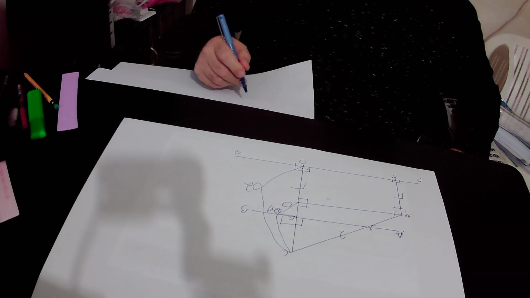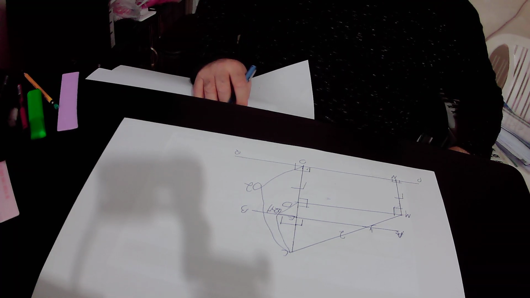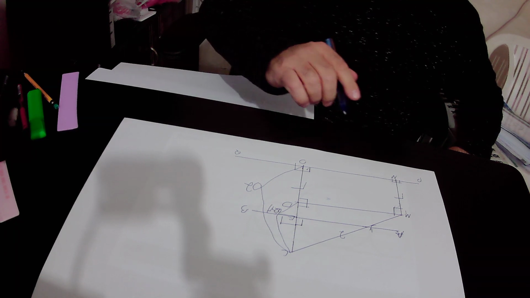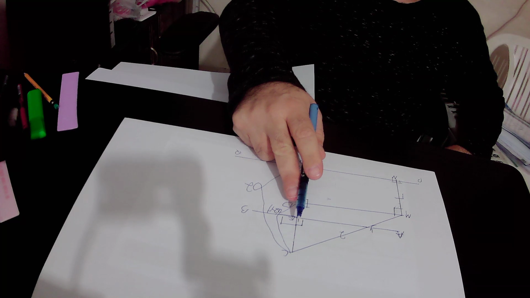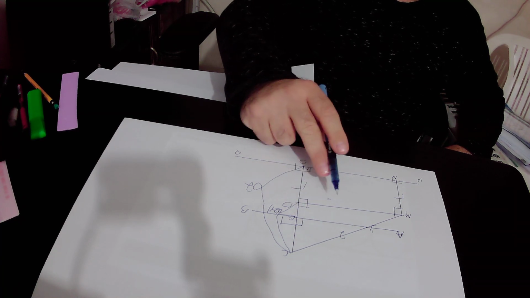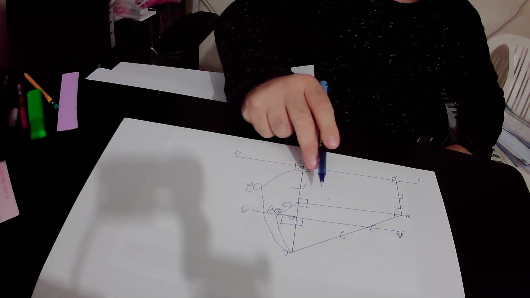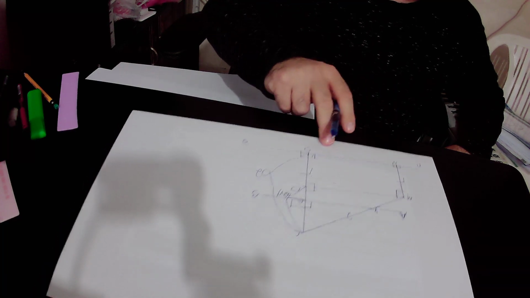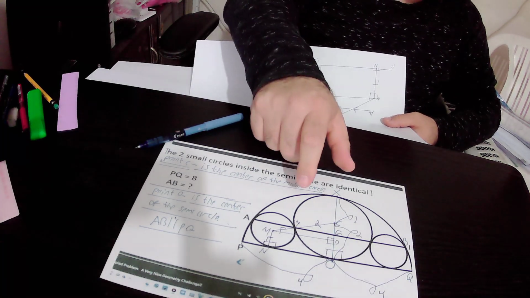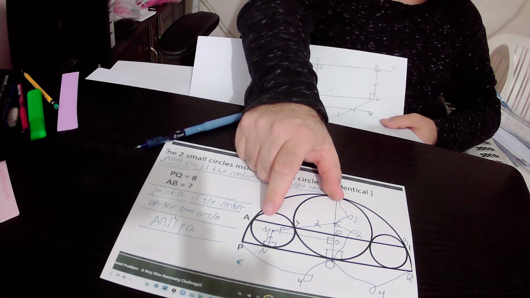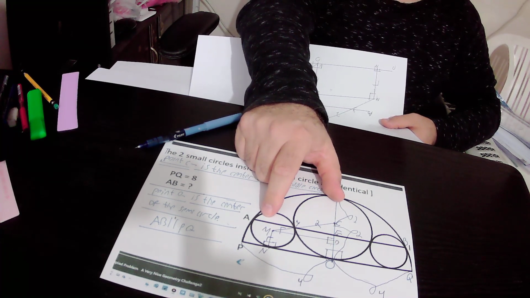Okay, and MC, that is the distance between the centers of the small circle and the middle circle. We've already found out that MC equals R plus 2.